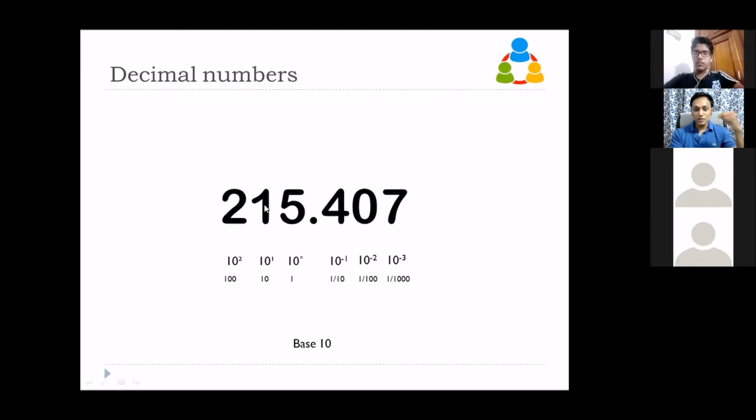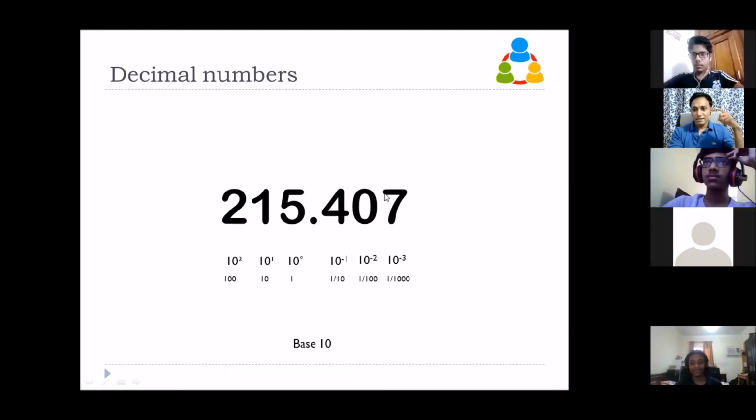Let us assume this is 0. What will be the value? 0 into 10, that is 0. So you are just multiplying. What is the value of this number? 215. It is 5 into 1 plus 1 into 10 plus 2 into 100. Is it not how you learned? Is it difficult? Is it not how you calculate a normal base 10 number?